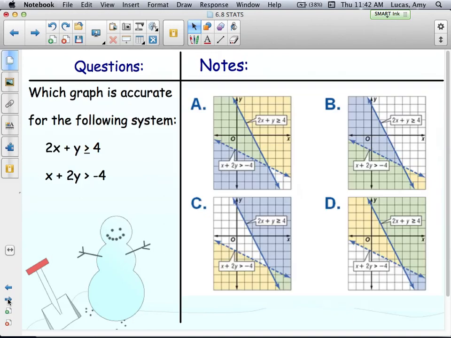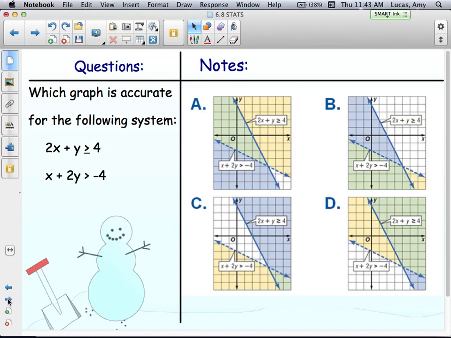Now, you quite possibly could see multiple choice questions on your MCA or MAP tests. And this is a multiple choice question where they've graphed the system for you. And if you take a look at the graphs, they've got the lines graphed the same on all of these answer choices. So really what it comes down to is the shading piece.